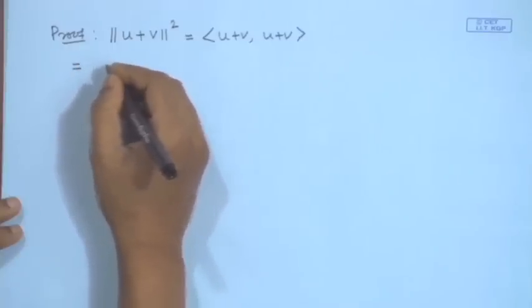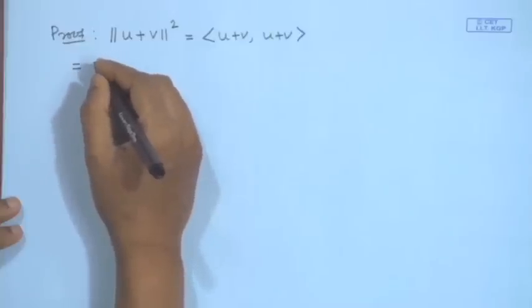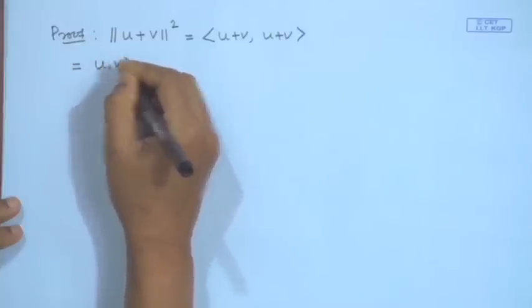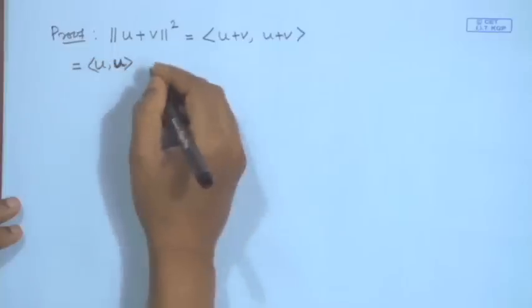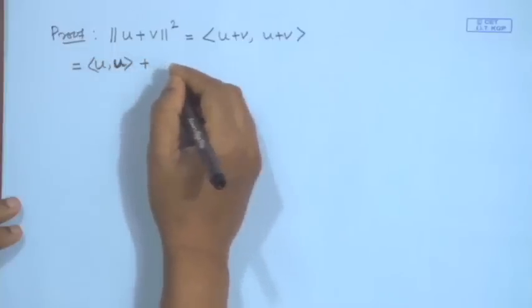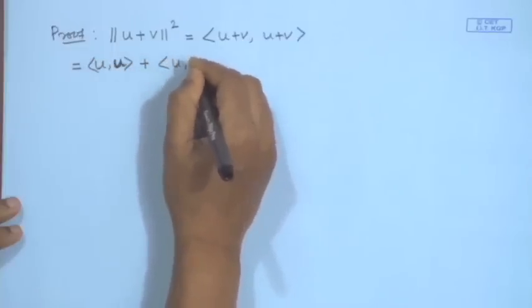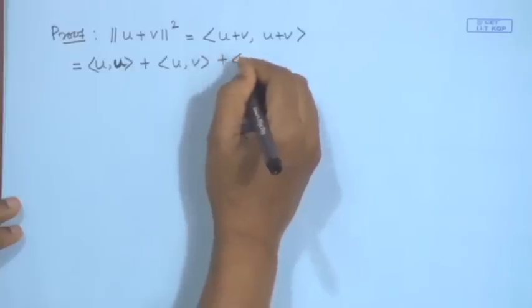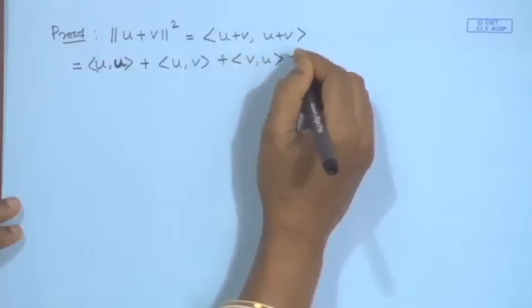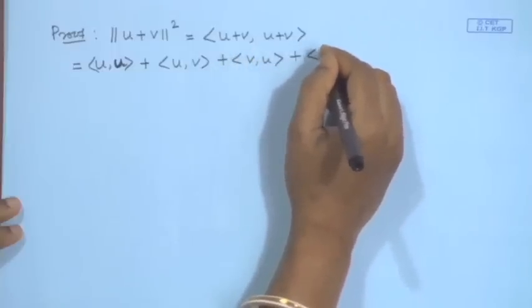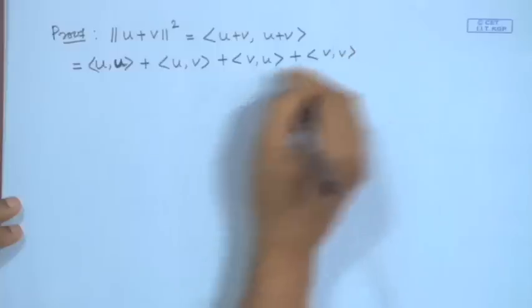using axioms of an inner product space, we can get that the inner product of u with itself, plus the inner product of u, v, plus the inner product of v, u, plus the inner product of v with itself.